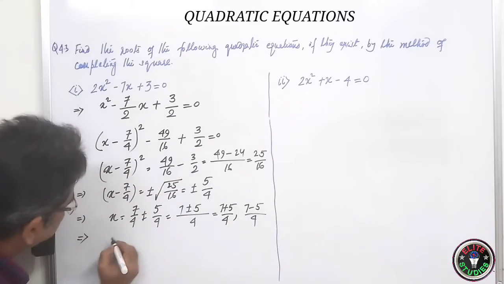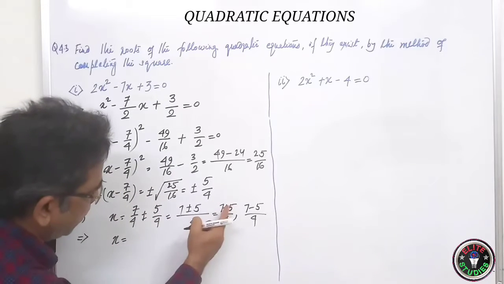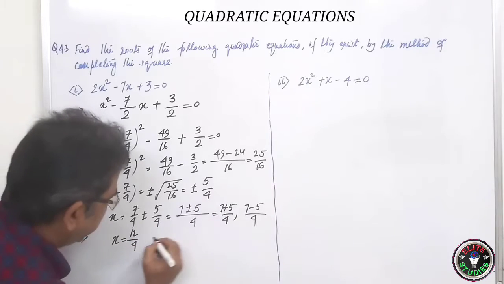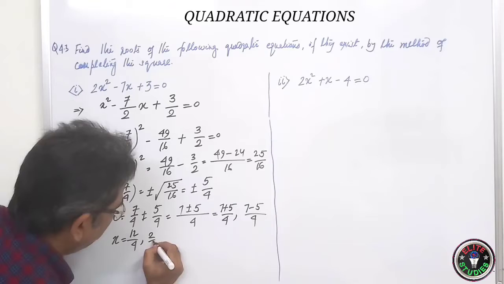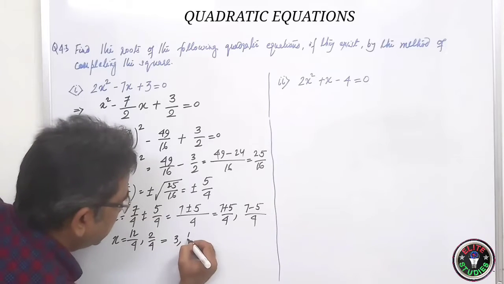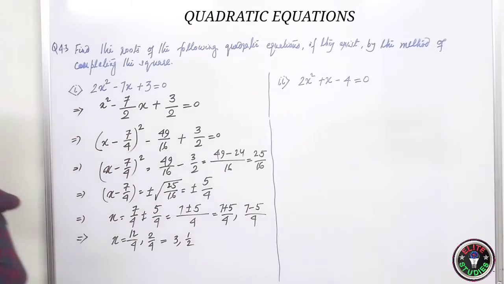So x is equal to 7 plus 5, that is 12 by 4, and 7 minus 5, that is 2 by 4. So the answer is 3 and a half. You got the roots.